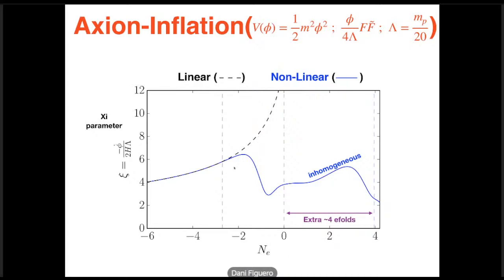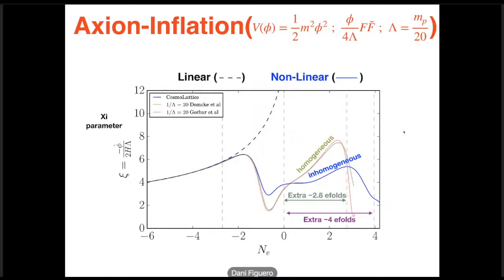But in reality, we know there is non-linearity, so the psi parameter stops growing, actually goes down, bounces back, wiggles a little bit, and then goes down in the extra folding of inflation we are getting. And of course, it turns out that the homogeneous back reaction also captures that effect.